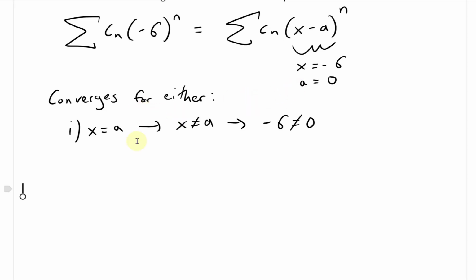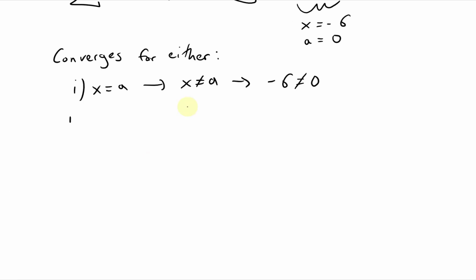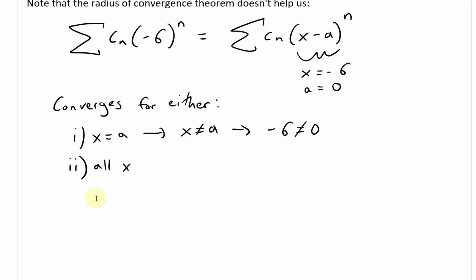Then the second case is for all x. So if this is the case, then it would be convergent, but we don't know that.